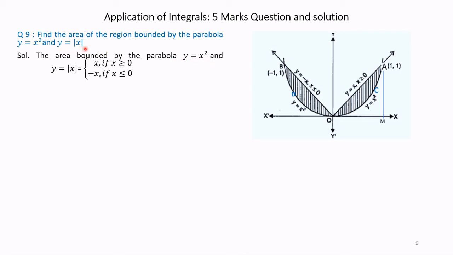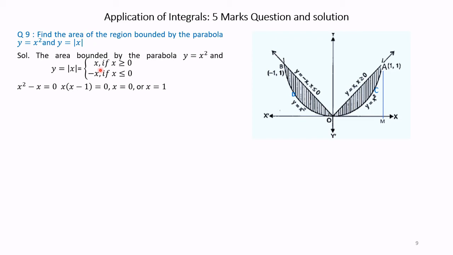Y is equal to mod x means x can be plus x or minus x. Therefore, y is equal to mod x is equal to x in the positive direction, that is x greater than or equal to 0. Y is equal to minus x if x is less than or equal to 0.